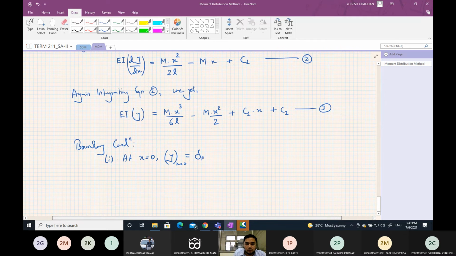Y is equal to delta B, which is 0. So this implies, from equation 3, when y is equal to 0, this is 0, we will get c2 as 0. This implies c2 is 0.